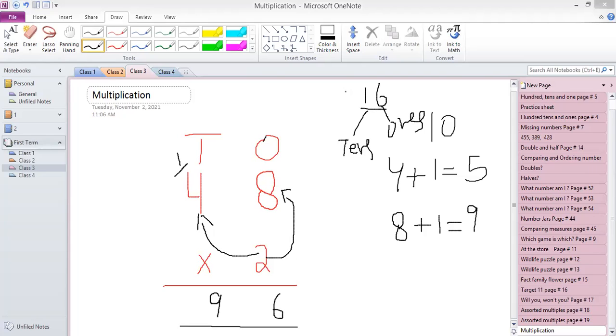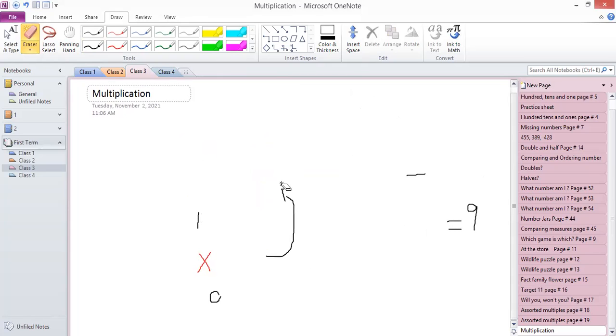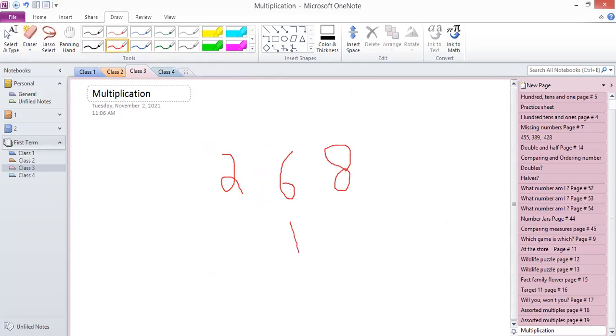That's very good. So let's take one more example. This time I will take a 3-digit example for multiplication. This is 268 multiplied by 3.